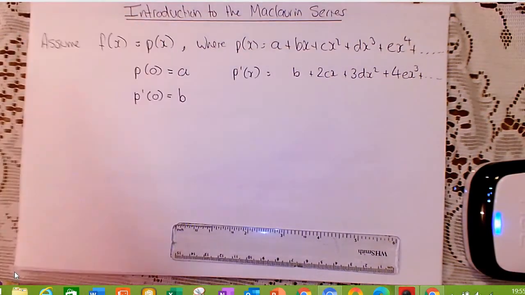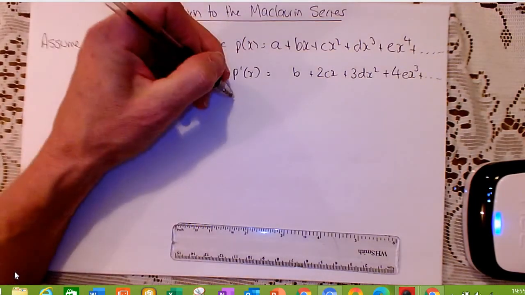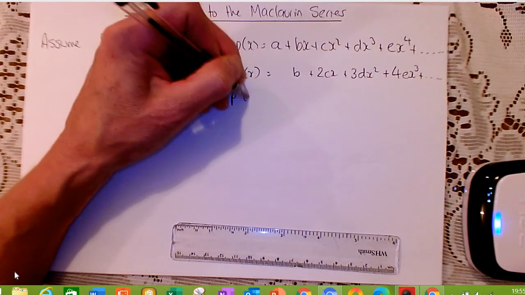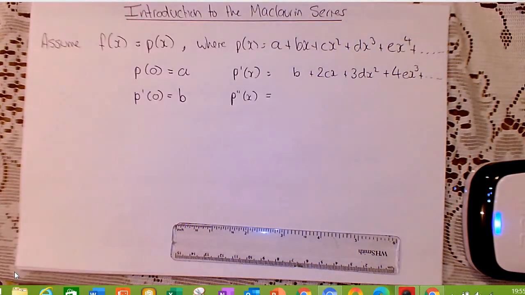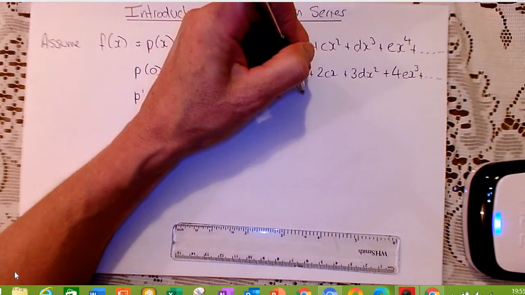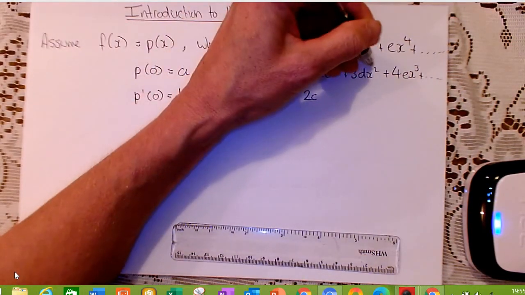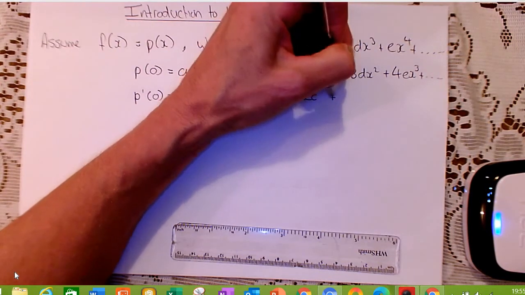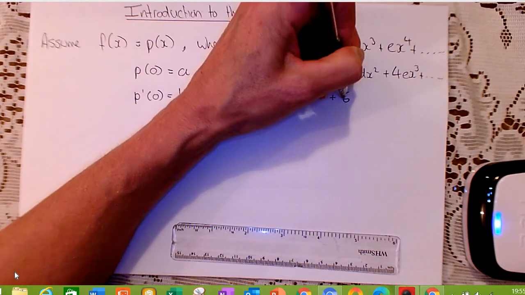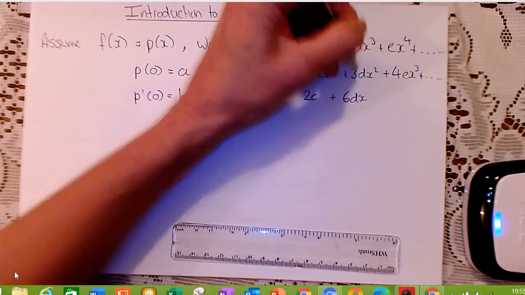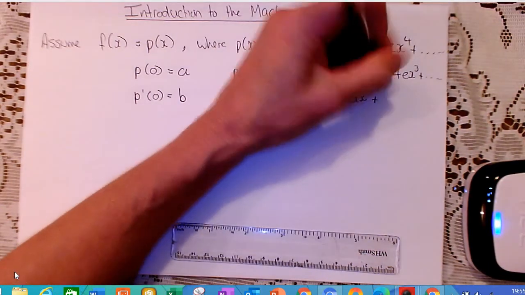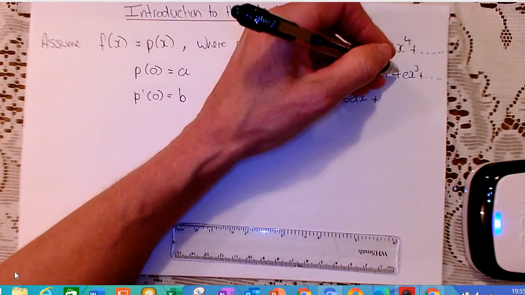So hold that thought. Let's find the second derivative. Shall we do p dash dash x? Let's use that notation. Okay, so now this will start to disappear. Here I'll be left with 2c. Here this is going to be 3 times 2, but I'll just put 6dx for now. This is going to be 12, but remember it's come from 4 times 3.